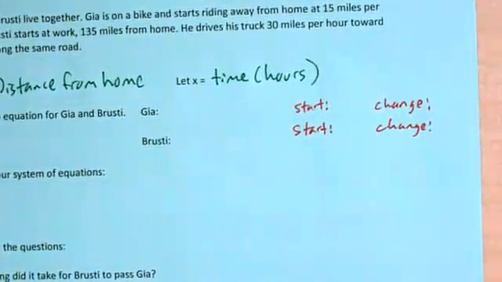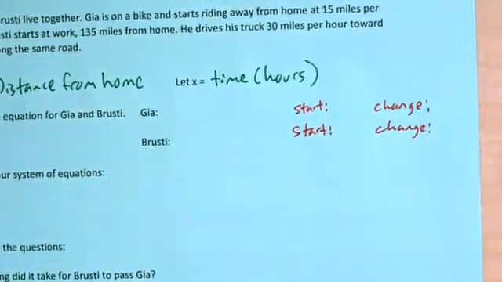When we talk about start, we're talking about their distance from home. So read back through that paragraph and tell me, where does Gia start? How many miles away from home does Gia start?